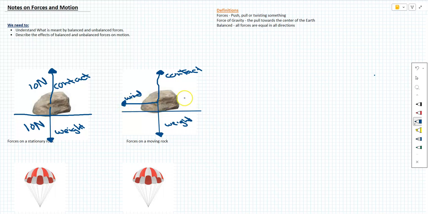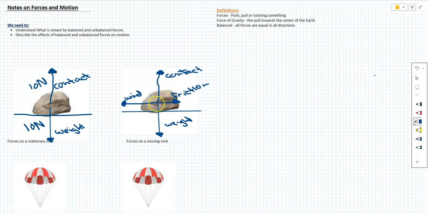Okay, and then we have the friction. Let me see if I can write that a little bit better. So what does the friction do? The friction rubs against this side while it is moving, to keep it steady, or to keep it from moving, right?